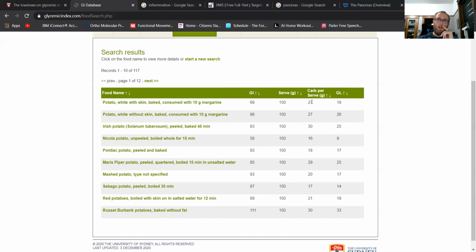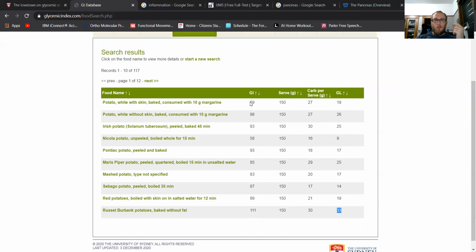But then here's where that equation comes in and plays an important role, is carbs per serving. If you put it in that equation, here's the load found throughout your body. So again, high index, if we go for the same serving and it's higher on the carbs per serving, you're going to wind up with a larger glycemic load in your body, where your body's going to have to release more of that insulin.